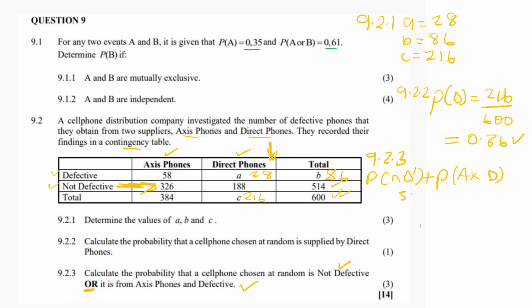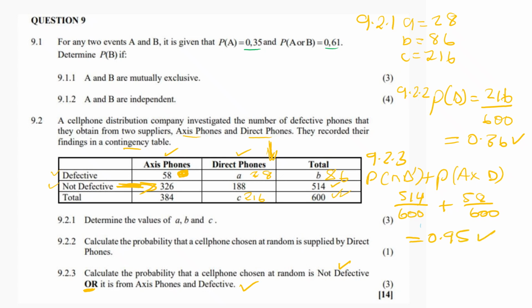So it is 514 over 600, plus the probability that it is from Axis Cell Phones and it is defective, which is 58 over 600. Our probability is equal to 0.95.